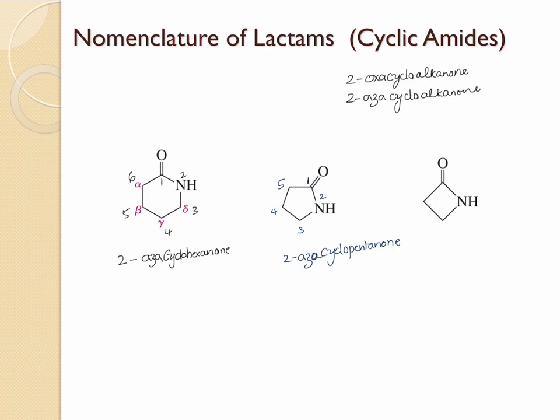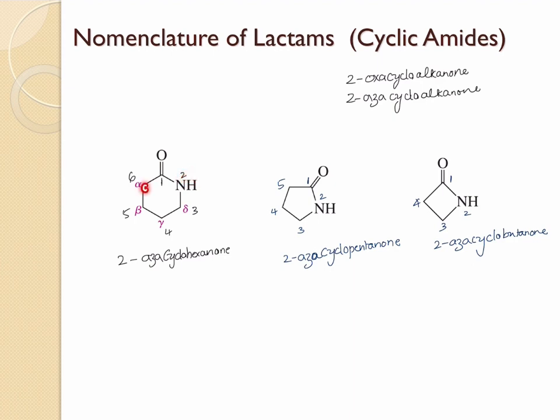And for this compound, 1, 2, 3, 4. So this would be 2-azacyclobutanone. Let's go on to the common names. For common names, we are going to use the Greek alphabets. And you have to go in the opposite direction. Look at these numbers. The numbers are going in the clockwise direction here, but the Greek alphabets are going to go in the opposite direction, because you cannot assign this to be alpha.